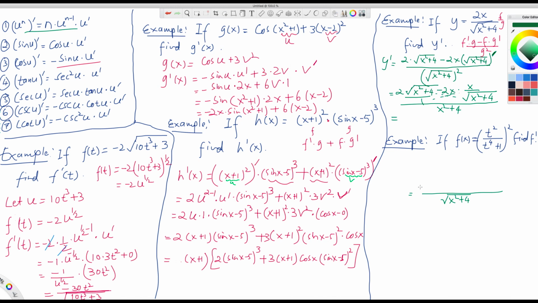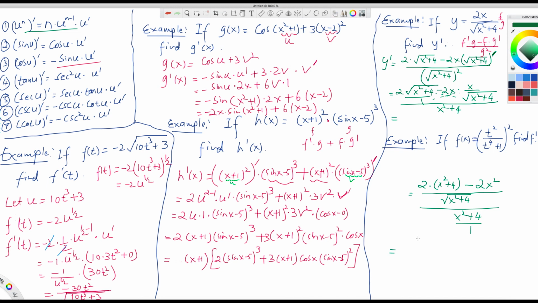Okay, so what do you get? 2 times root under x squared plus 4 times root under x squared plus 4 will be just x squared plus 4. That's what you get. Okay, minus 1 times 2x times x is 2x squared, whole divided by x squared plus 4, right? And then there is always 1 in the denominator of that, so I want to write like this.